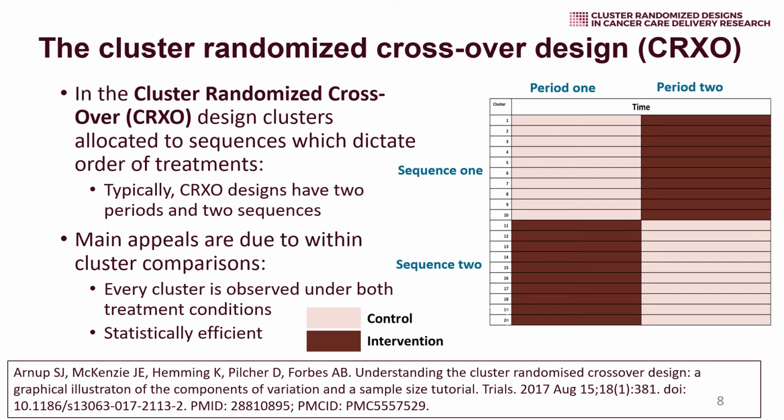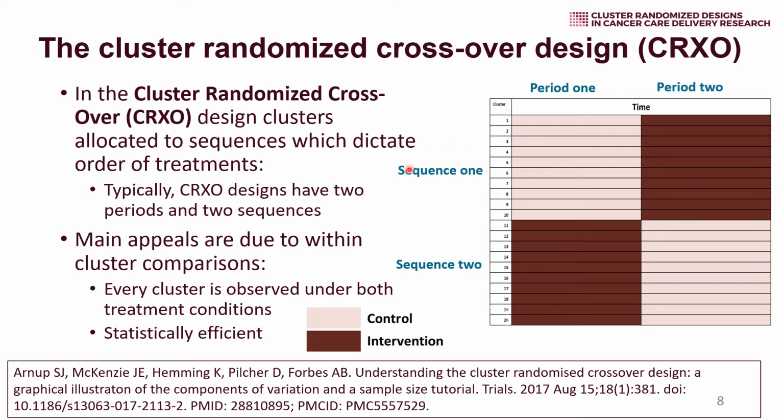So let's move on to think about the cluster randomized design with a crossover setup. So in a cluster randomized crossover design, and here we use the acronym CRXO, clusters are allocated to sequences. So here's sequence 1 and sequence 2. And these sequences dictate the order of the treatments.